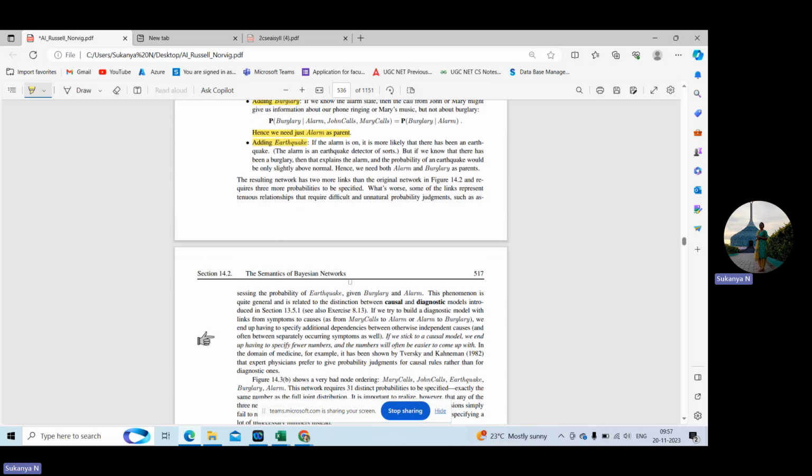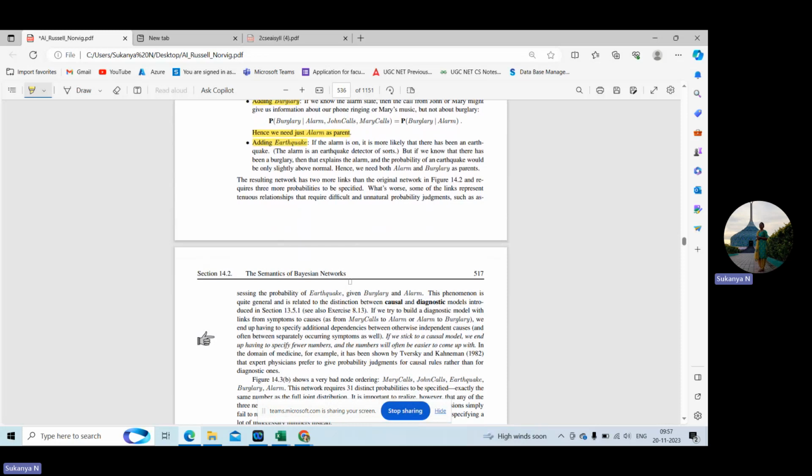Right. So this is now defined. Compared to the previous diagram, we have added two extra links and three extra conditional dependencies. Right. So this gives you more links and a more complicated network.